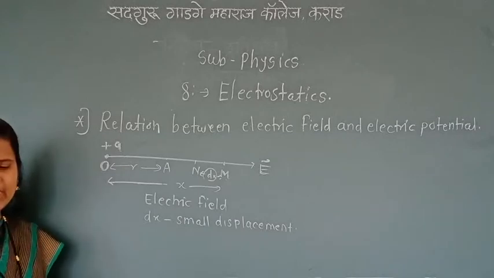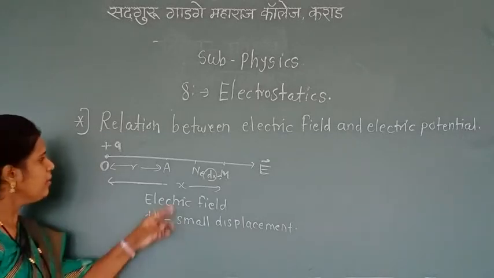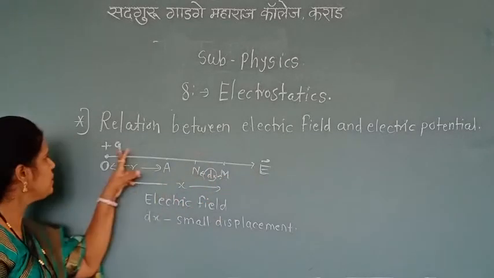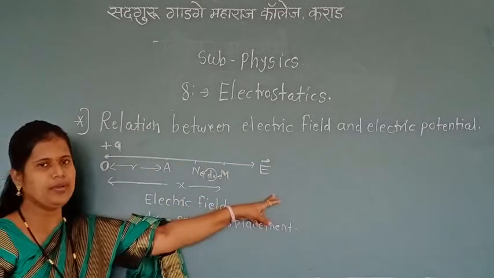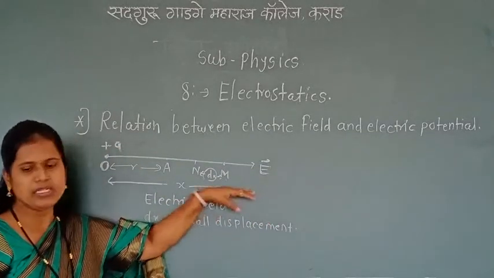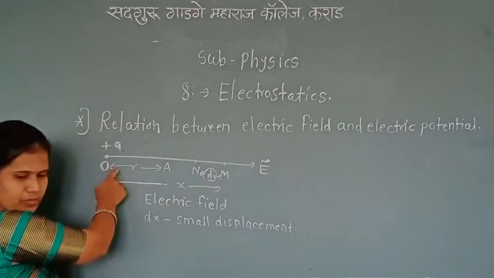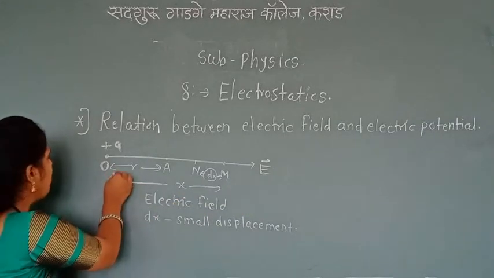Now see the direction of the electric field. Because of this charge, the electric field is produced. The direction of the electric field is along OM. The charge is placed at point O, and the direction of the electric field is along OM.